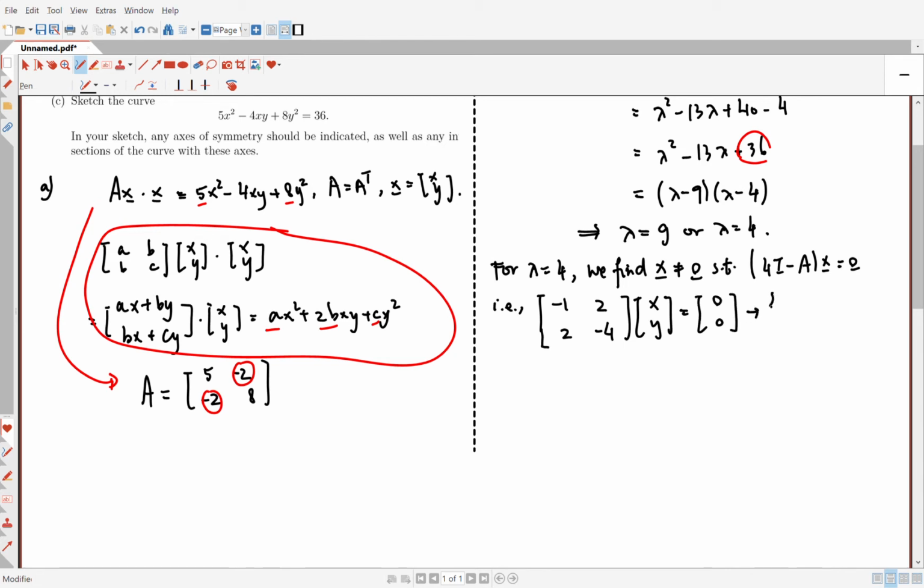And this actually means minus x plus 2y is equal to 0, and 2x minus 4y equal to 0.